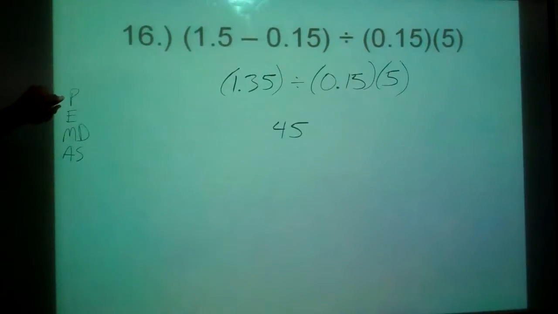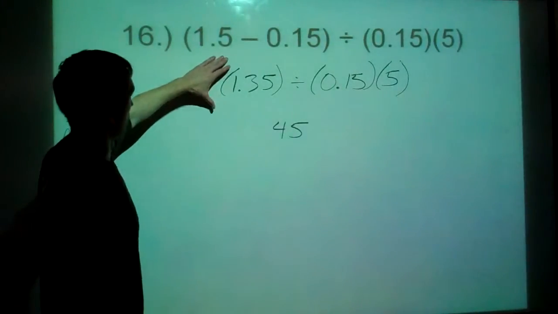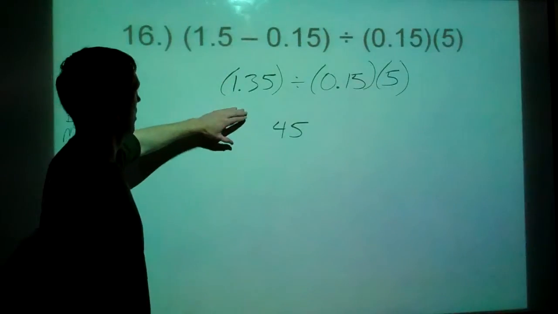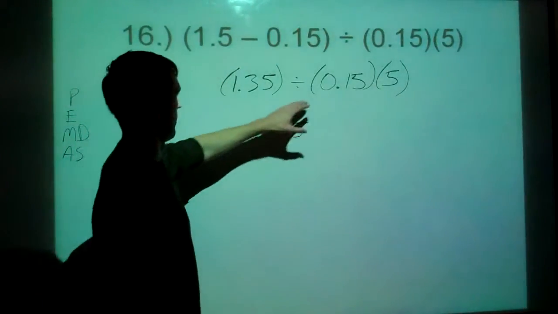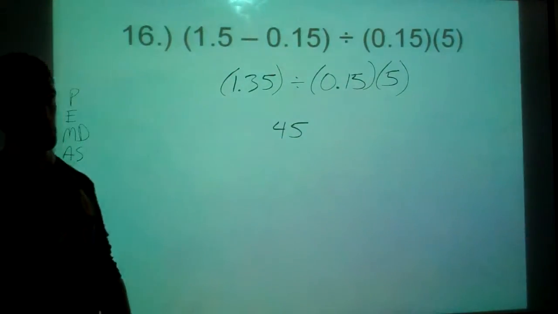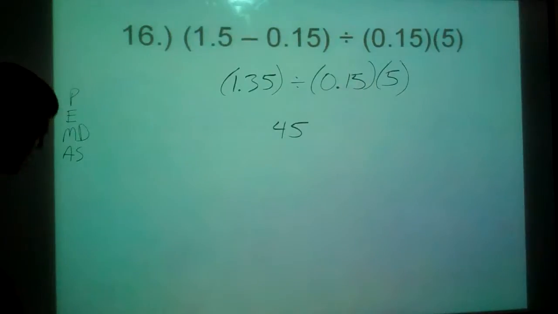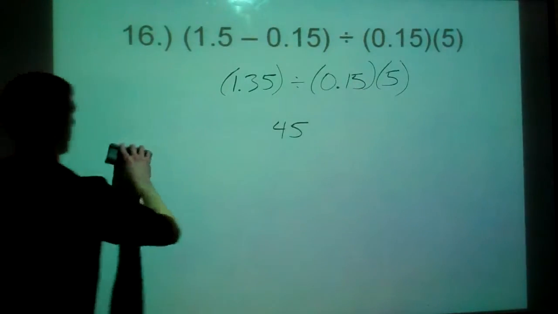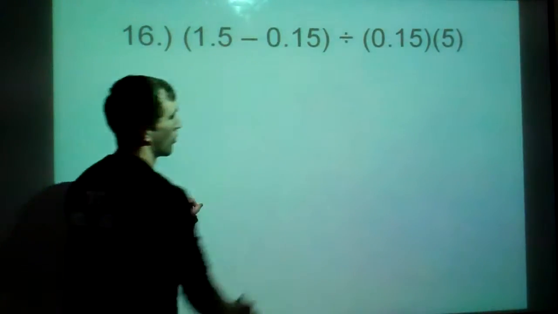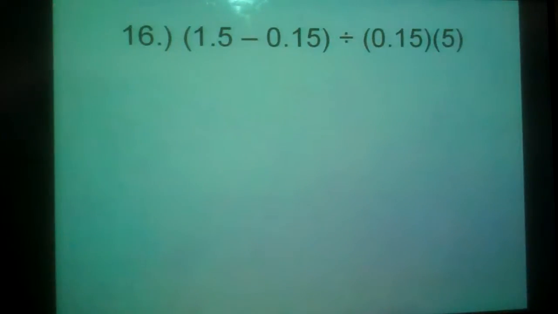So parentheses first, 1.35 was good, and then we divided like that. So it's a little strange, but that's how that one would be done. If we follow the order of operation rules, which sometimes looks a little funky, that's why I second guess myself, but that's the way it should go.